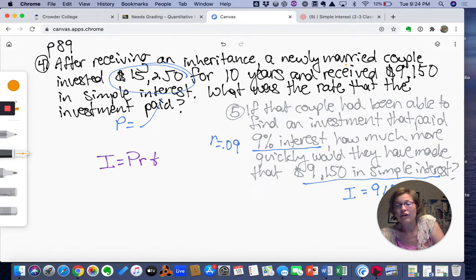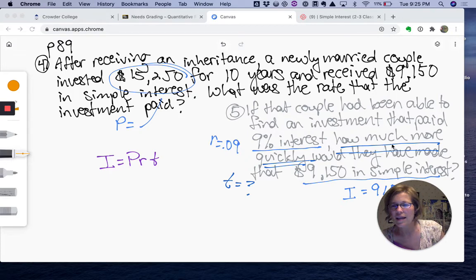However, they are very clearly building on number 4, so that's where we find P. If you're just doing this in your book, it would be really easy to not think, oh yeah, this question is connected to the last one, but you do need to look at the previous one. So our P value is the same, 15,250.